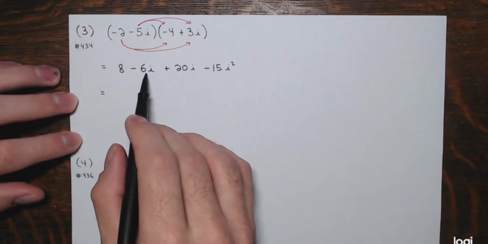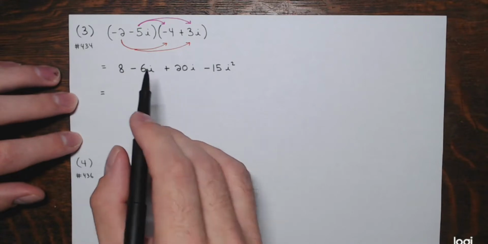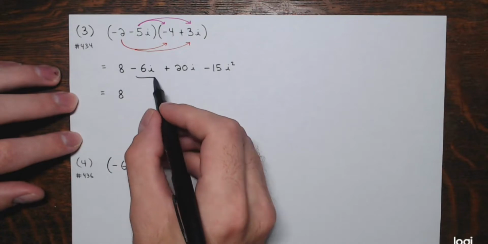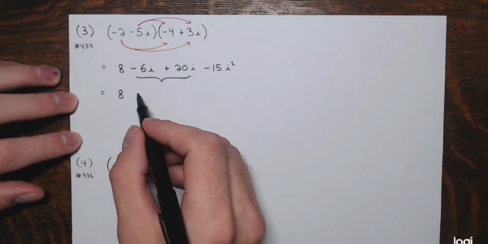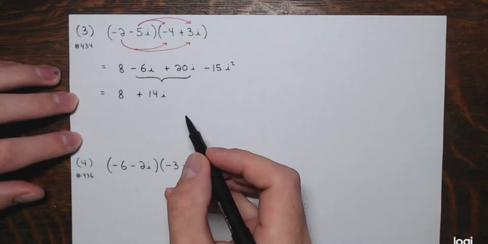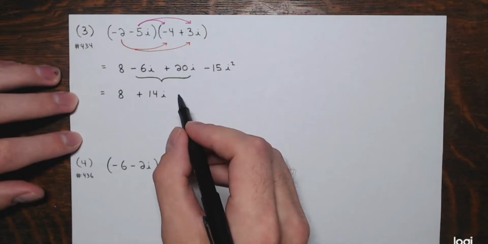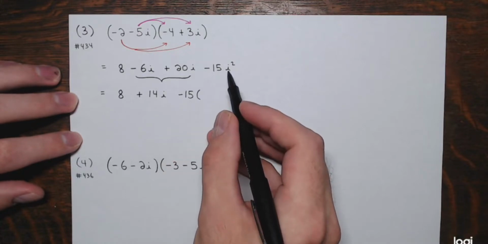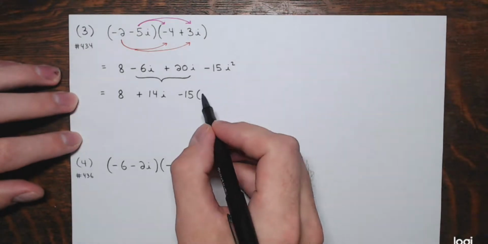Right, and once again, just like with polynomials, the imaginaries go together, right? Negative 6i plus 20i makes 14i, so we have 8, and then these two terms together make positive 14i, and then minus 15 times i squared. But remember, whenever you see i to a higher power, you got to change it. Right? i squared is negative 1.